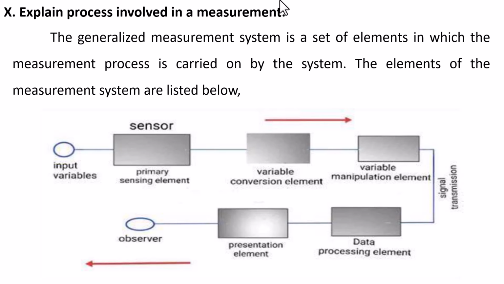The elements are: input variables, a sensor sensing these input variables, called the primary sensing element, then a variable conversion element, a variable manipulating element, signal transmission, data processing element, presentation element, and then the observer. This entire thing is called the generalized measurement system.